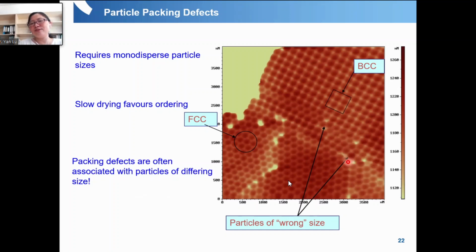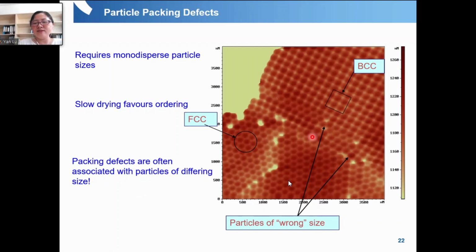It means you have larger particles, and that will destroy such a nice structure. So that's why we really need monodisperse particles to form such an ordered pattern of the particles.